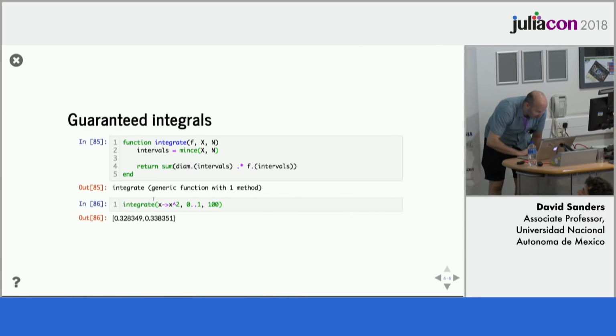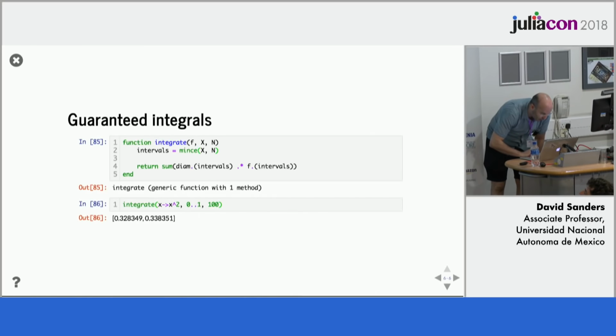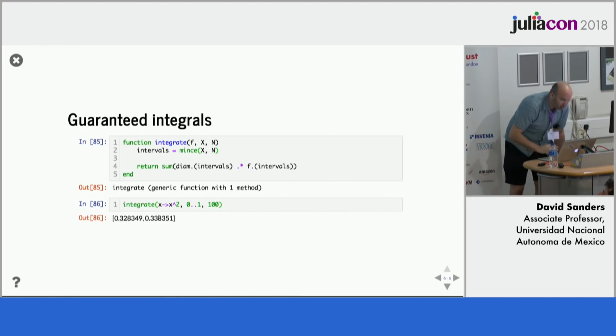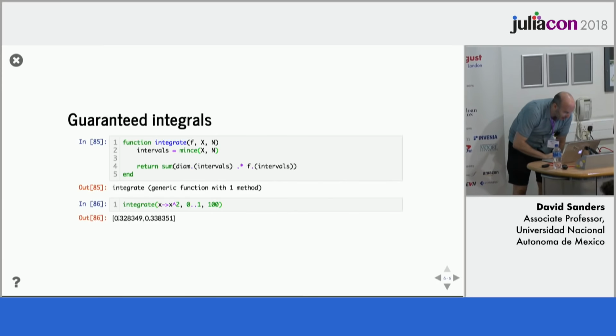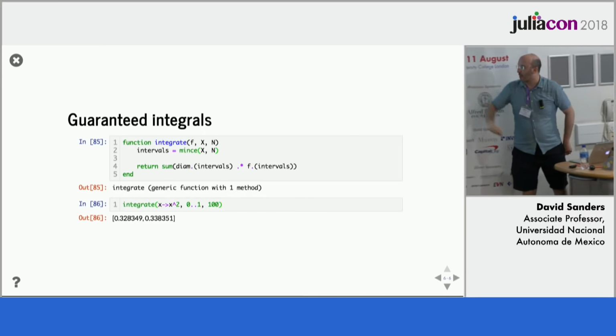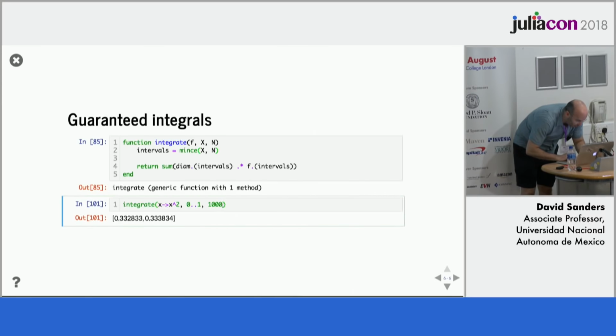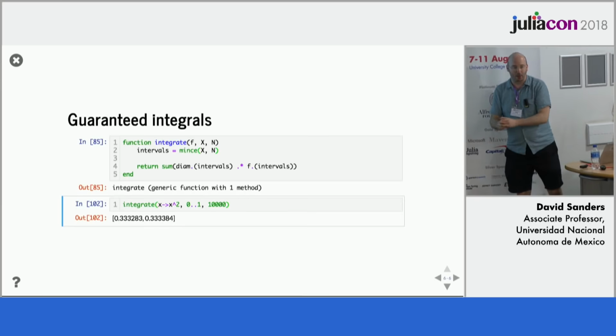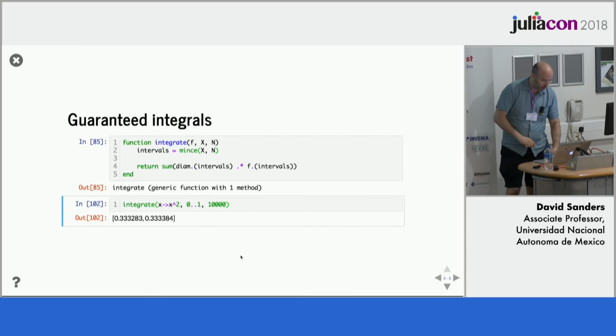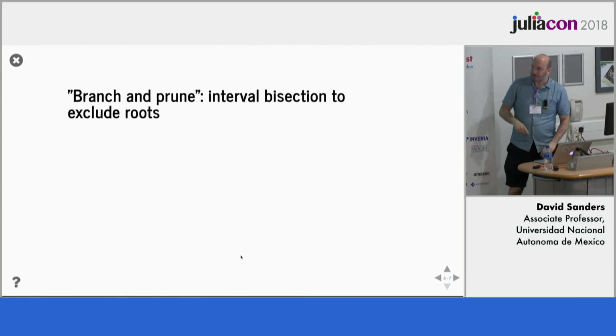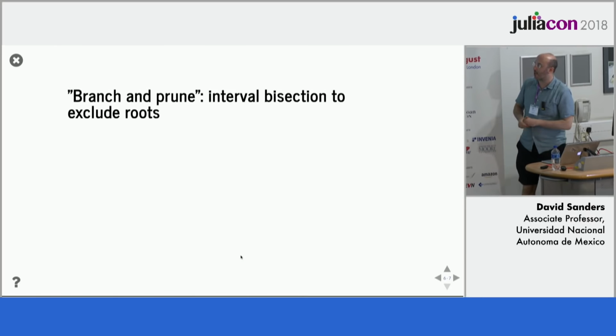So there, for example, is the integral of the function x squared over the interval 0 to 1 with 100 sub-boxes, and it gives me a result. There should be a third, and the result is that it's guaranteed to lie within this interval. And then I can just add more and more boxes. Of course, it takes longer and longer to do that calculation, and it converges to an interval that contains the true value. So let me finish by talking about some of these algorithms.